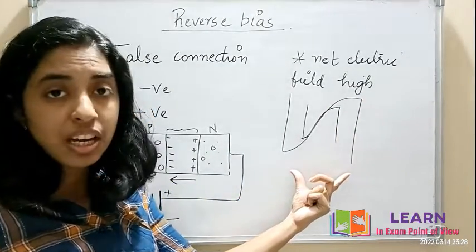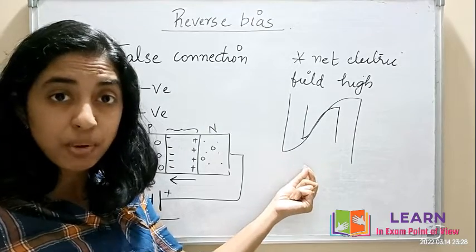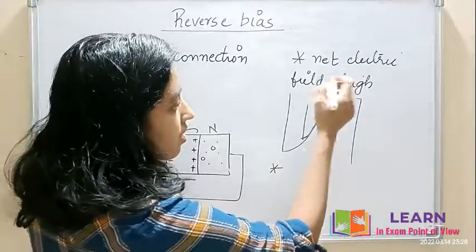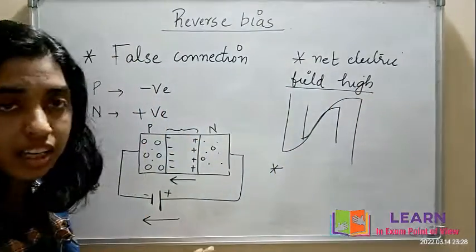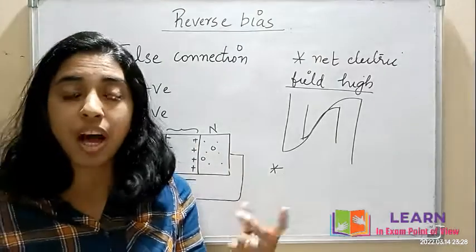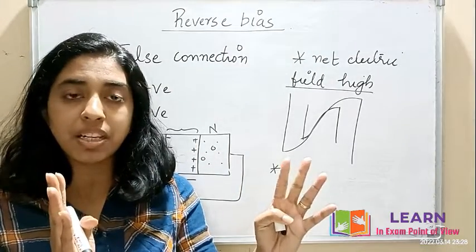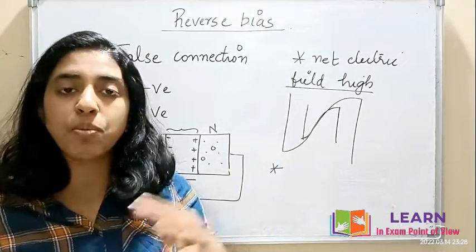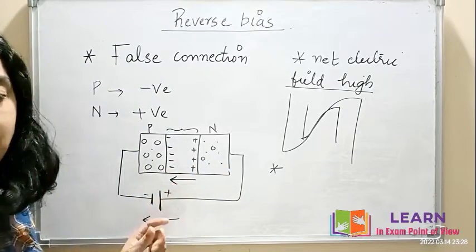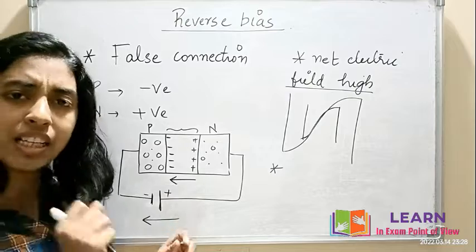Since the depletion layer widens, what happens? The potential barrier increases. That point you can note. That is, the net electric field is high, means the depletion layer widens. The electric field is so high, the depletion layer widens, which means now the electron movement is not easy, right? So the current will not be there. Otherwise, we can tell there will be negligible current.